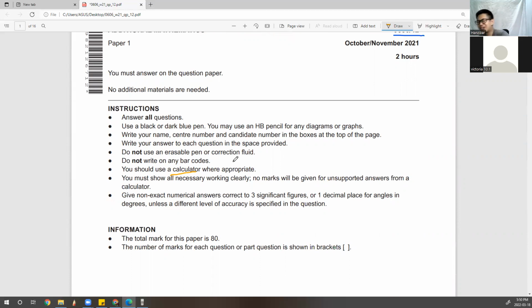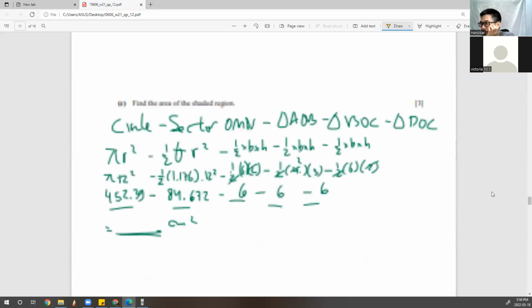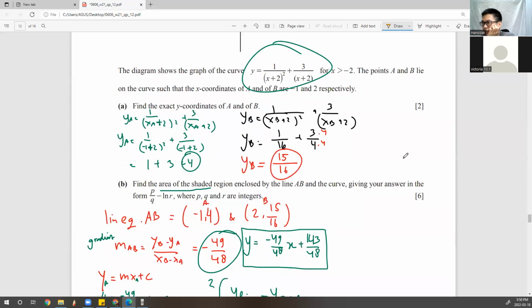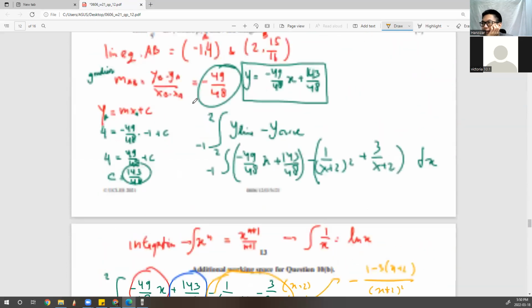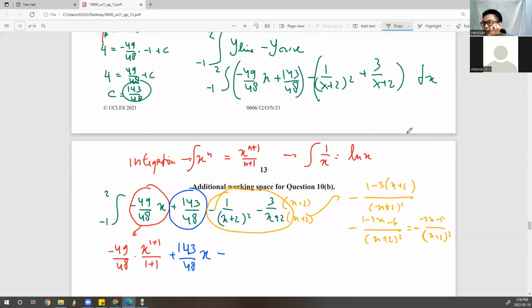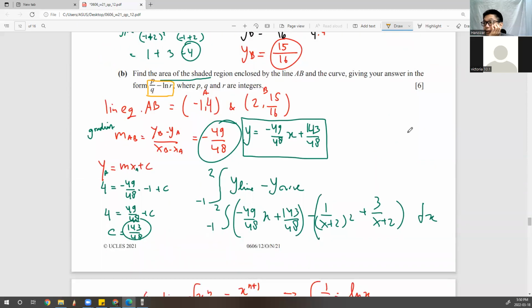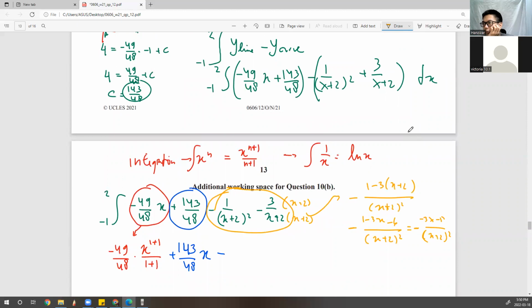You have to use a calculator, but it is not appropriate to use a calculator on this question. We are not allowed to use the calculator because we are finding it in an exact form, P over Q plus or minus ln R. Okay. So no idea. Wait.